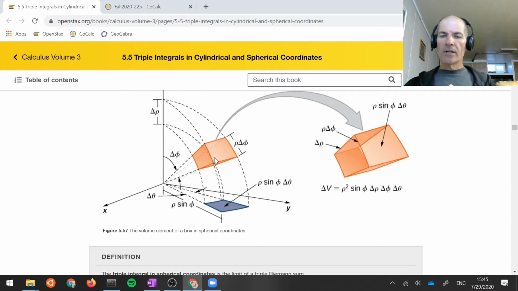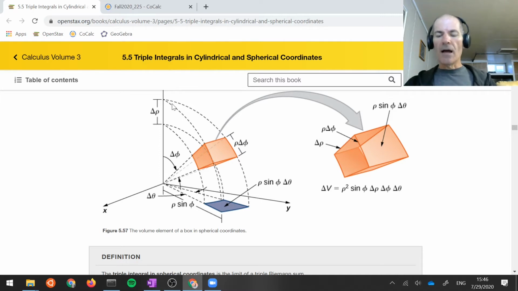In spherical coordinates, as you move around in the phi variable, if you get close to the North Pole, you can see that it pinches down, and this volume shrinks as I go to the North Pole. And it grows and gets really fat as I get out to the equator. And then you don't see it here, but you can imagine that as I take this little piece of volume and rotate it in phi towards the South Pole, the same pinching is going to happen at the South Pole, and it's going to shrink down to 0 again.